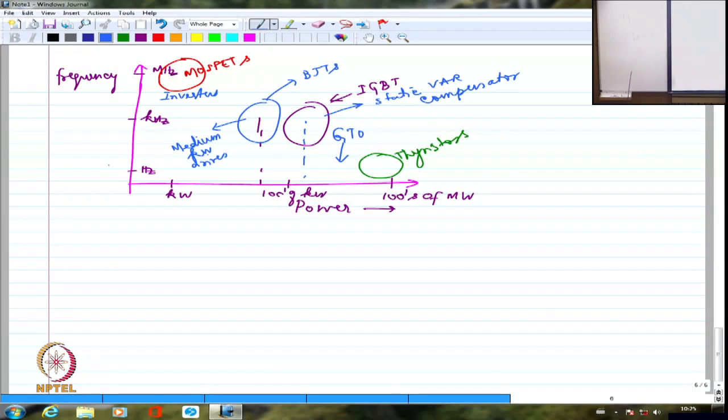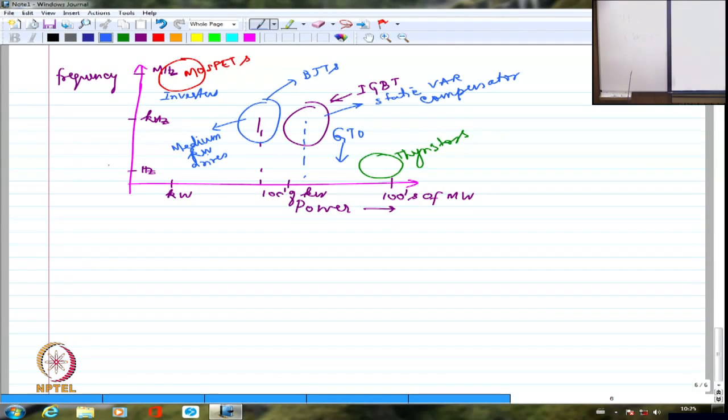Instead of employing a capacitor which will give me a fixed amount of reactive power, can I employ an inverter and place the current as I feel like? The current can be put in the lagging region, leading region, whichever region I want by appropriately gating or firing the devices. So that is known as static VAR compensator, reactive power compensator.